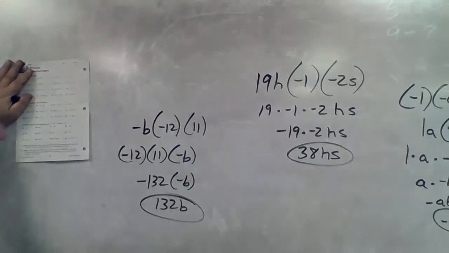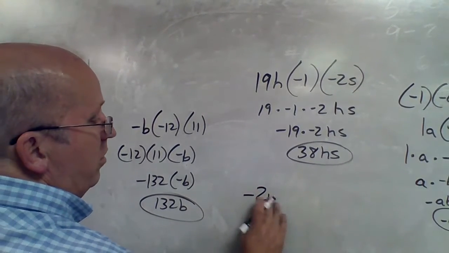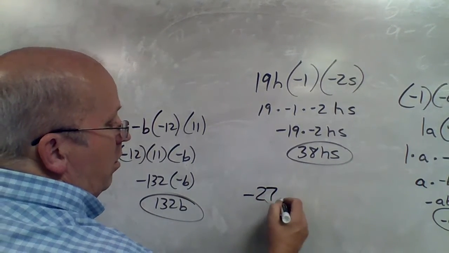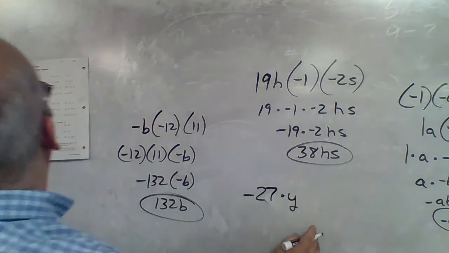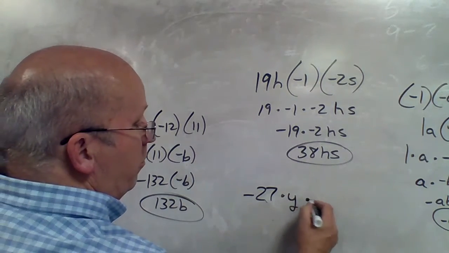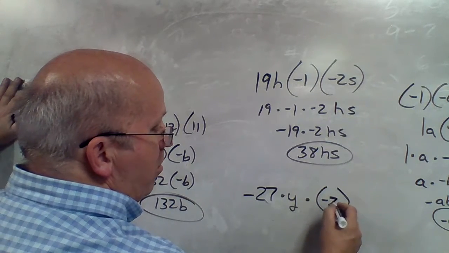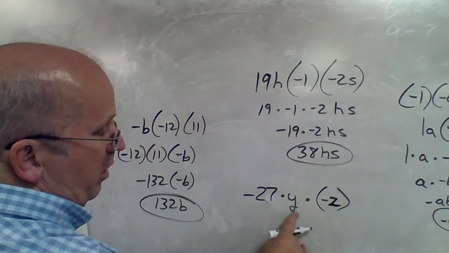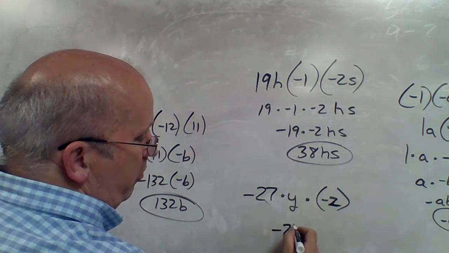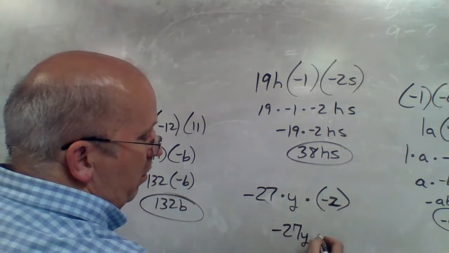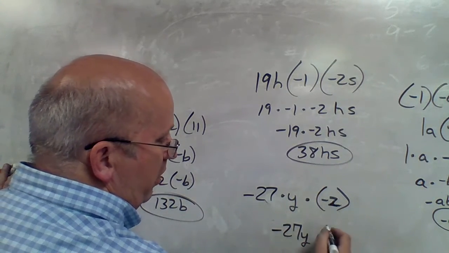How about something like this? Negative 27 times y times a negative z. This times this would be negative 27y times a negative z, right?